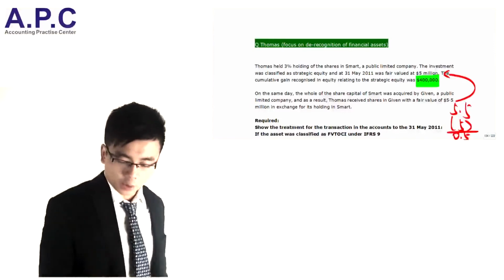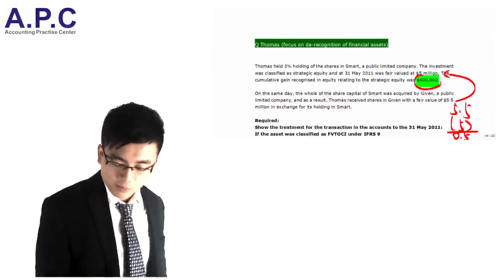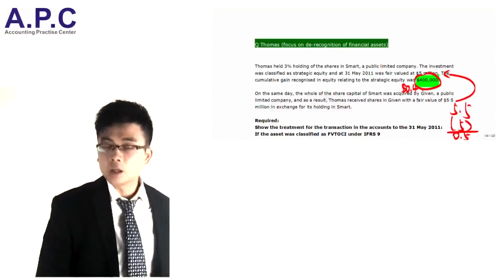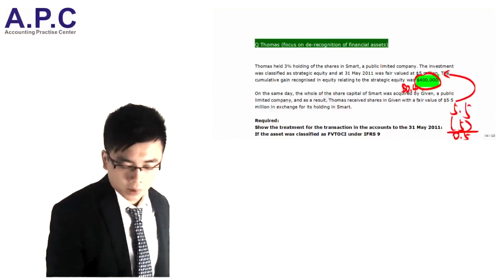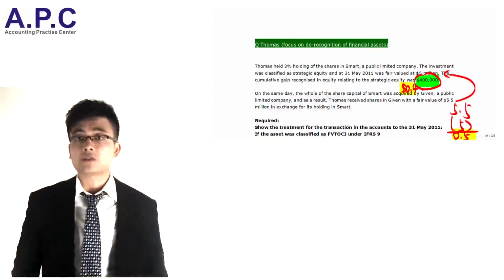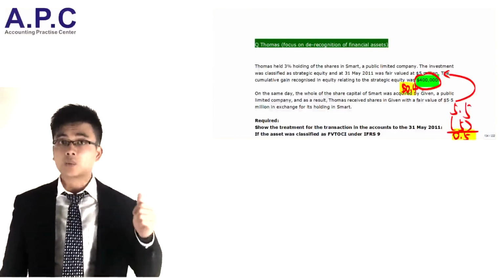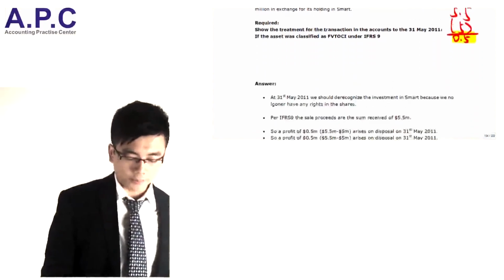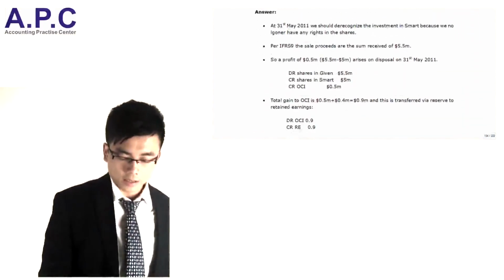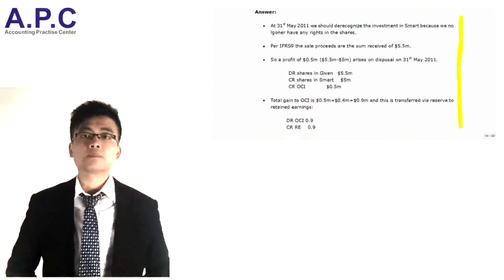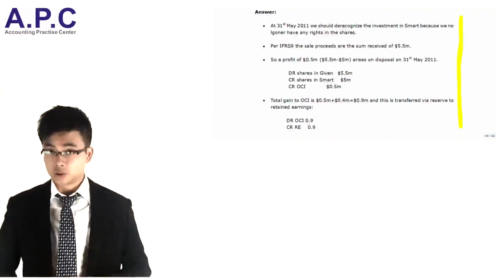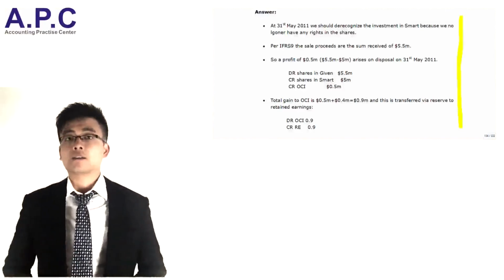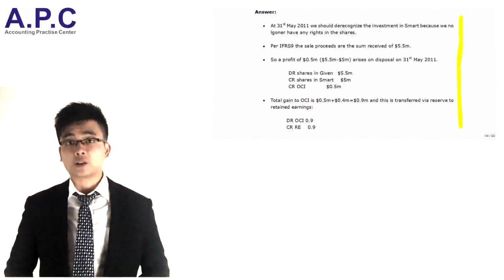And because we have a cumulative gain for this strategic equity before of 400,000, which means 0.4 million, we can add these two together, which will give us 0.9, so that we're going to recognise into retained earnings. So you can see the answer below, okay, of what we have just talked about. So that's the financial instrument derecognition.